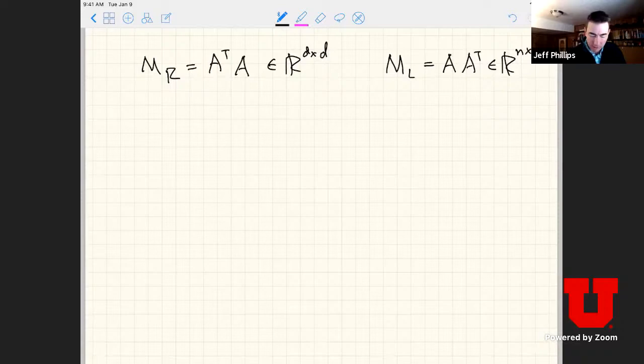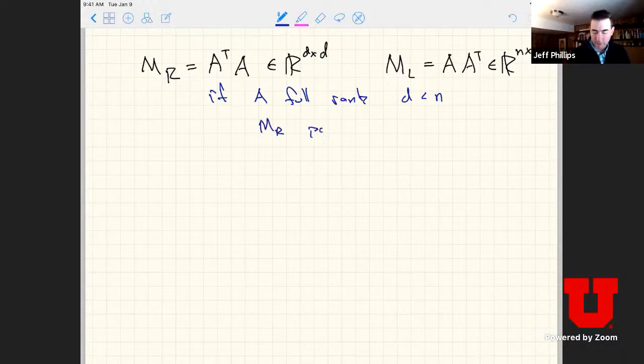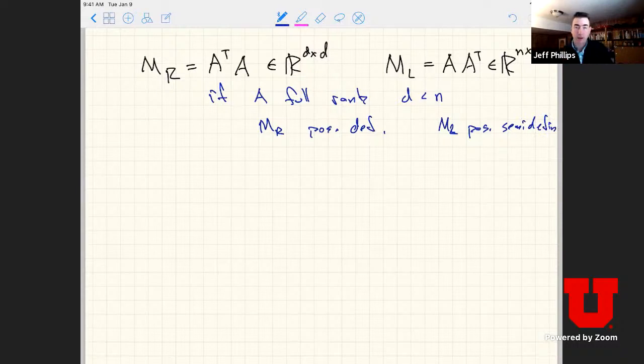These guarantee, if A is full rank and D is less than N, then M_R is going to be positive definite, and M_L is going to be positive semi-definite. So I'm going to get these properties I want, where all the eigenvalues are real and positive, or at least non-negative.